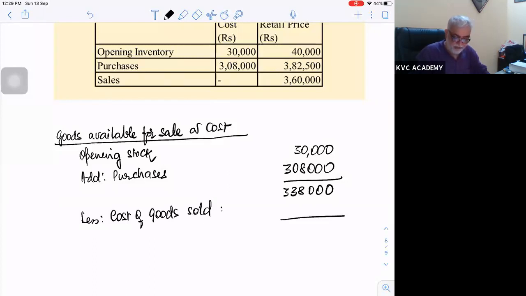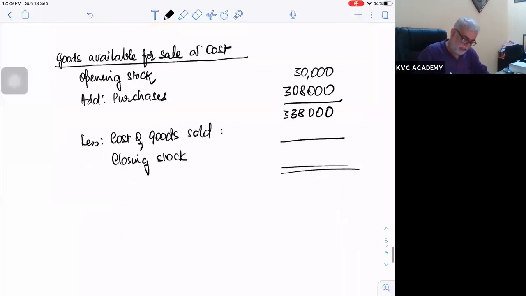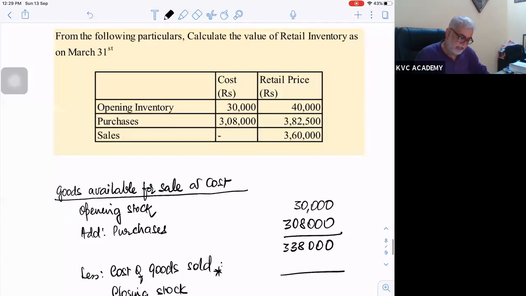What is the formula of cost of goods sold? Sales minus gross profit. Very good. I have to use the formula: cost of goods sold is equal to sales minus gross profit. What is the sales given?